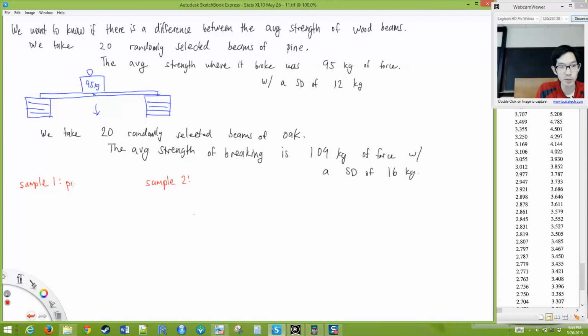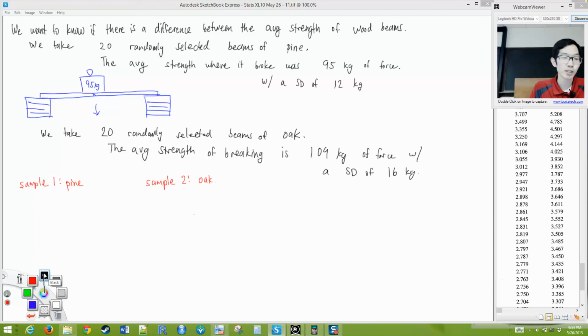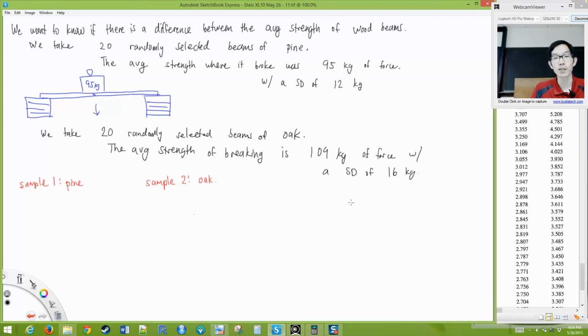Oh, yeah, I have to say, does this provide evidence that oak is stronger? Thank you for doing that. I've been forgetting to write that.